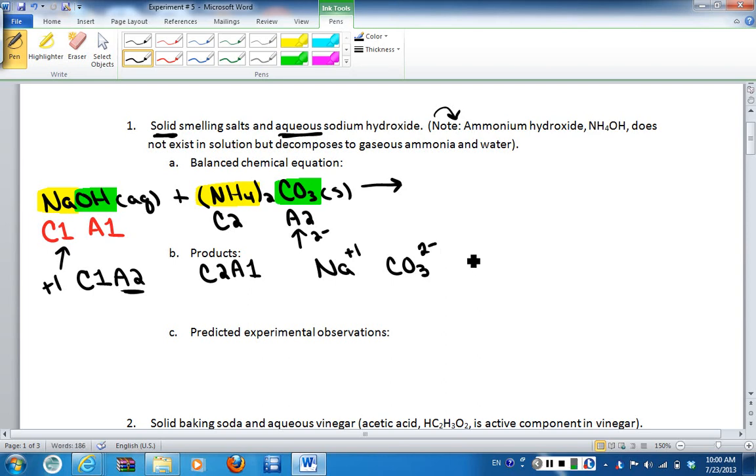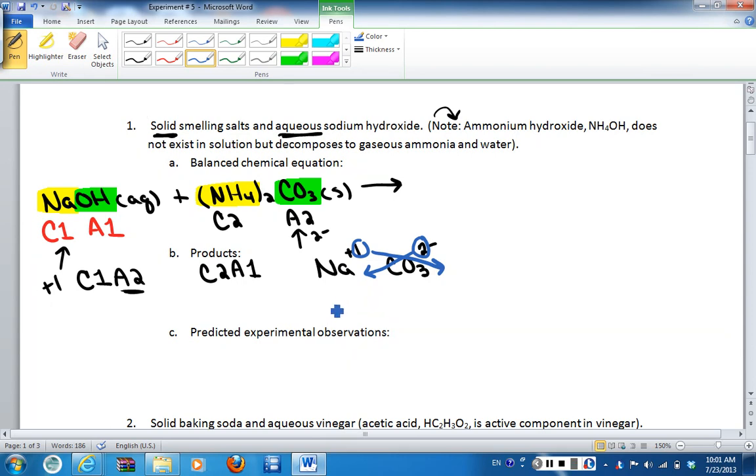Now, in order for this compound itself to be properly balanced, you can do an additional crisscross method. So what do I mean by that? I mean that we take only the number and we crisscross it to make it the subscript of our new compound.